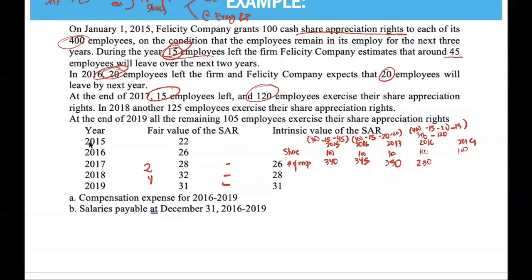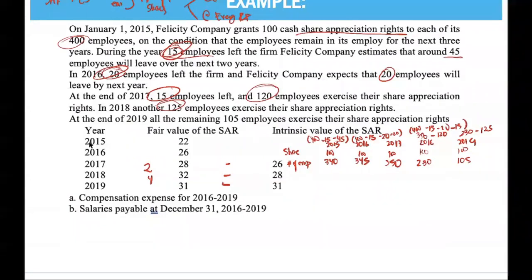In 2019, we have here 230 less 125 who left in 2018. So we have 105. Is that right? 230 less, yes, 105.